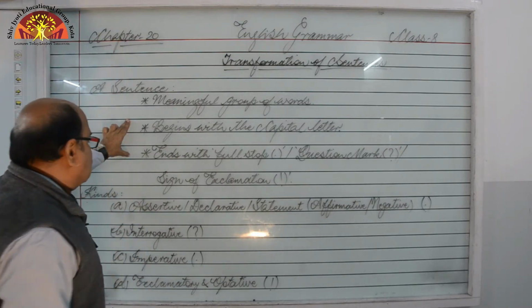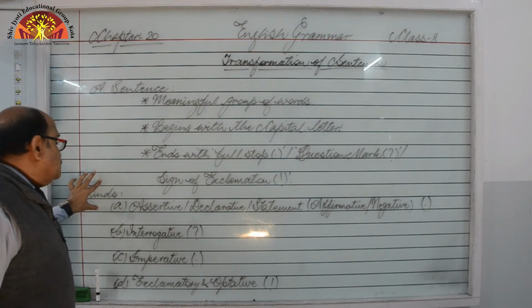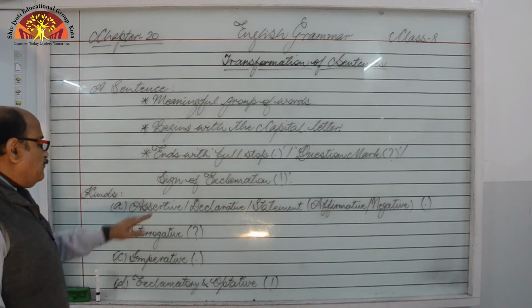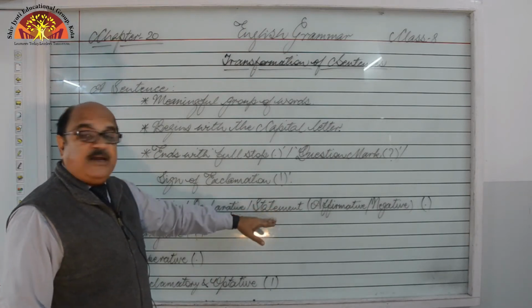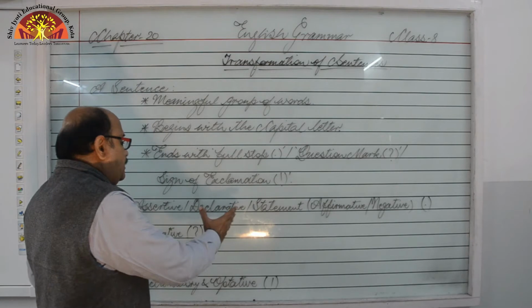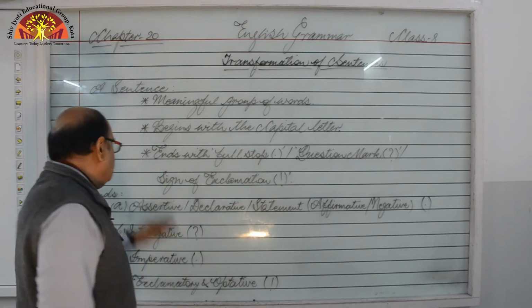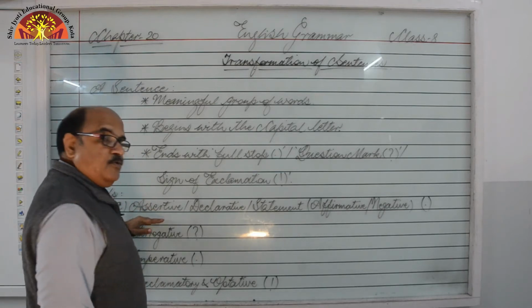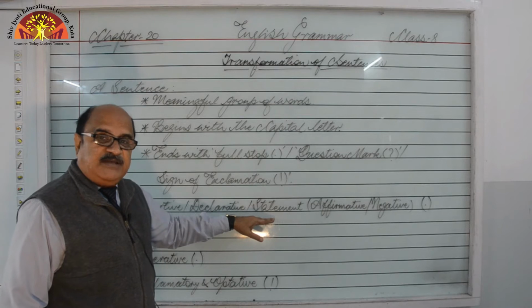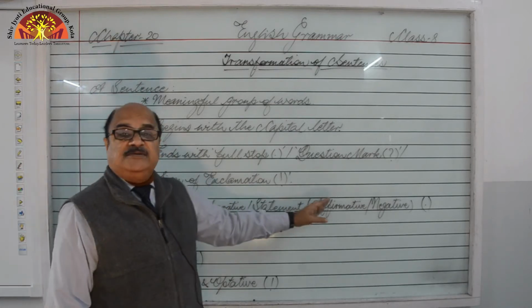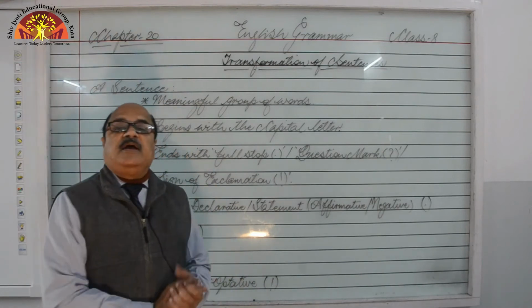Now we are going to study different kinds of sentence, right? So first of all, assertive sentence, declarative sentence, statement. These three are different names of the same thing. Means assertive you may call declarative, you may call statement, but they are the same. It means all affirmative sentences, all negative sentences fall under the same category.